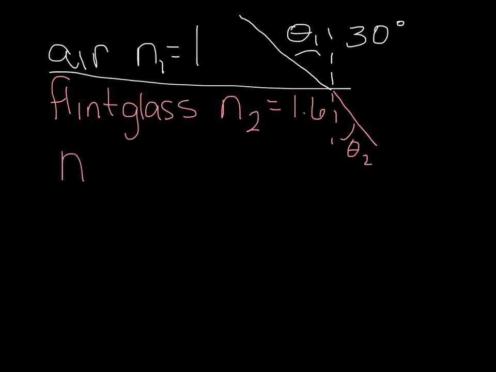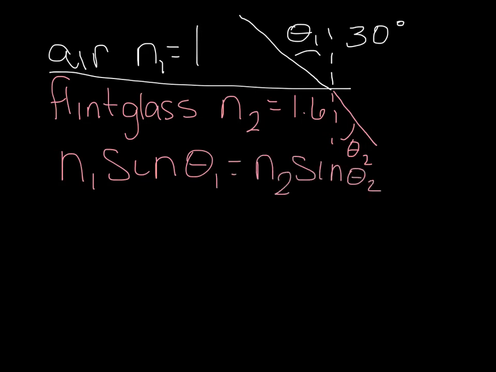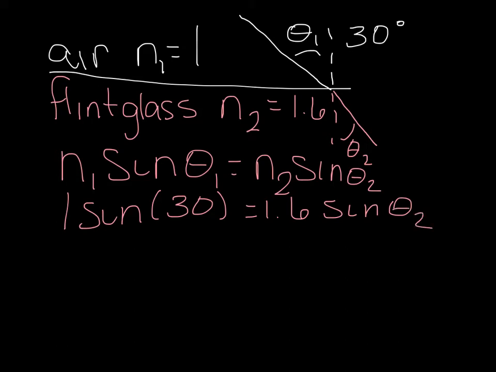So what do we know? We know n1 sine theta 1 equals n2 sine theta 2. Put in our numbers: 1 times the sine of 30 has to equal 1.6 times the sine of theta 2.